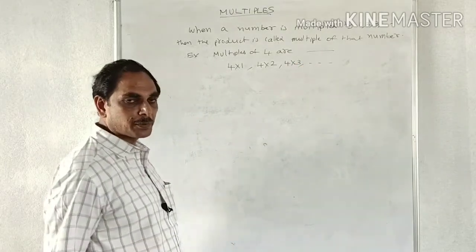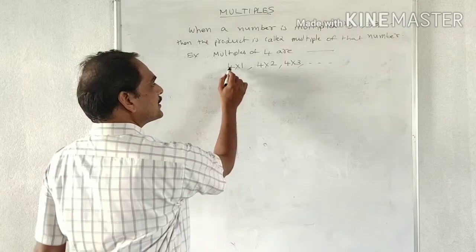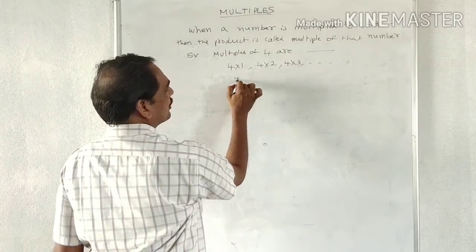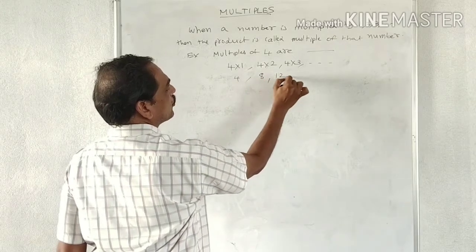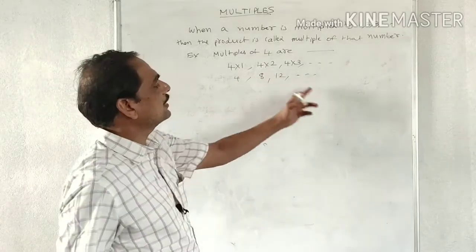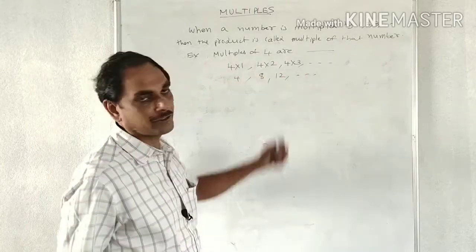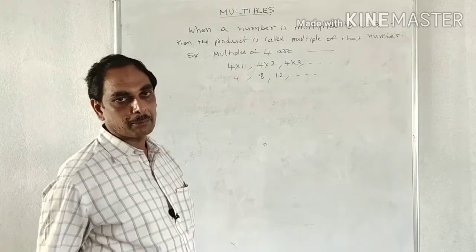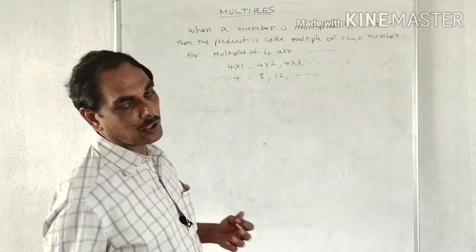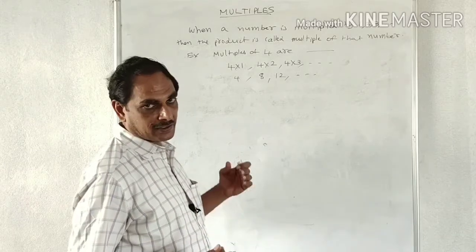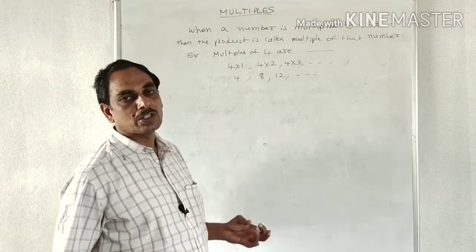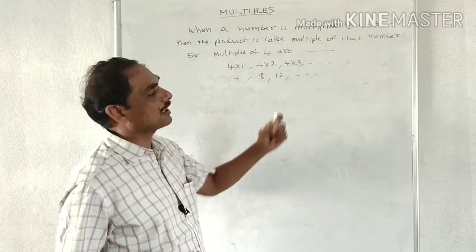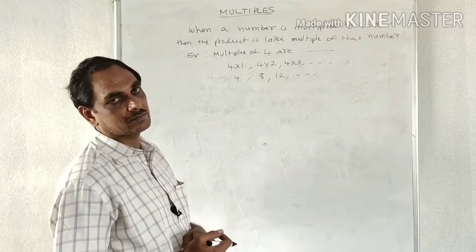When a number is multiplied by 1, 2, 3 and so on, then the products 4, 8, 12 and so on are called multiples of 4. So this is the process to find multiple of a number. We can find multiple of a number by multiplying that number with 1, 2, 3 and so on. Then the products are called multiples of that number.